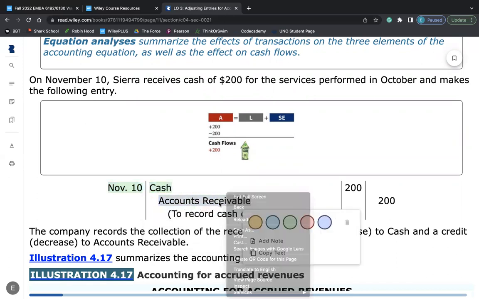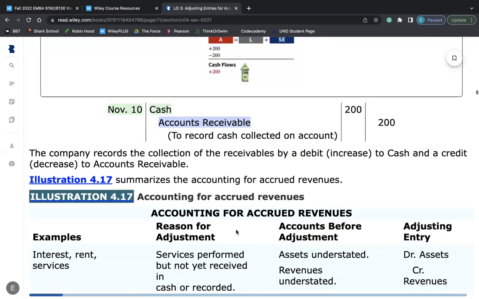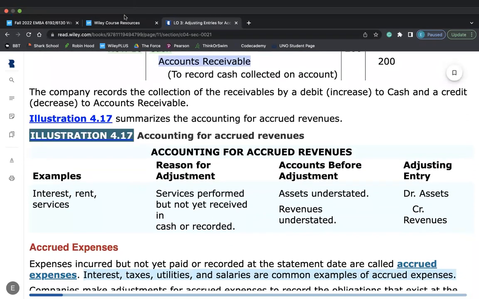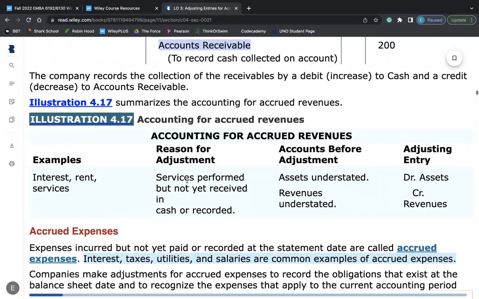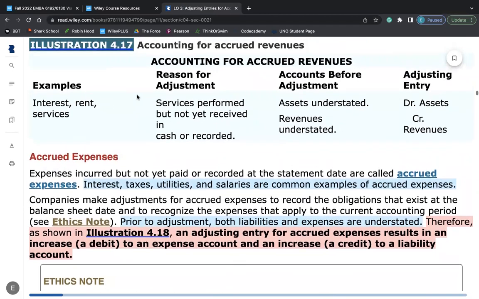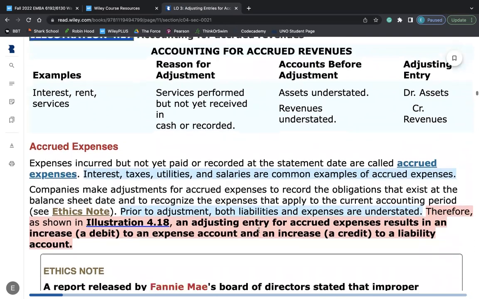Credits accounts receivable. Illustration 4.17, very important. Memorize it, learn it, love it.